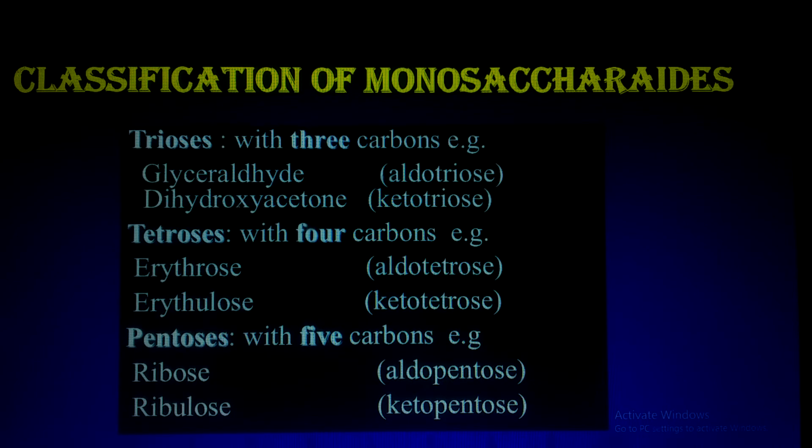So pentoses are 5 carbon containing monosaccharides like ribose and ribulose. Ribose is an aldopentose and ribulose is a ketopentose. This is the ketose, this is the aldose. Now the concept is clear.